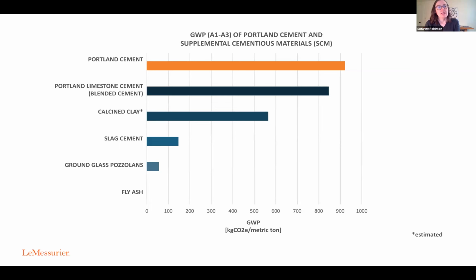One product, for instance, is the ground glass pozzolans that we're exploring right now for some of our projects here in Boston. It's already being used in New York City, for instance, in DC and other areas in the region. So it's looking at taking our recycled glass bottles and such and grinding it up and using that as a supplemental material in the Portland cement mix.